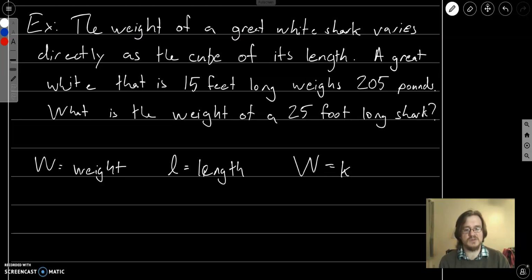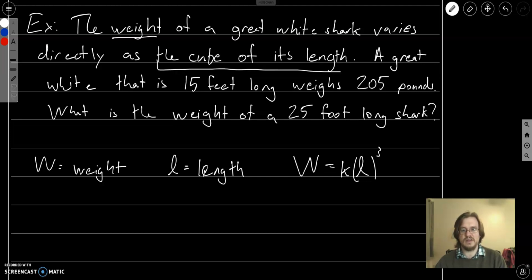So it's not going to be W equals kL. It's going to be W equals kL cubed. So the cube of the length is what varies directly with W. Weight varies directly as the cube of the length.